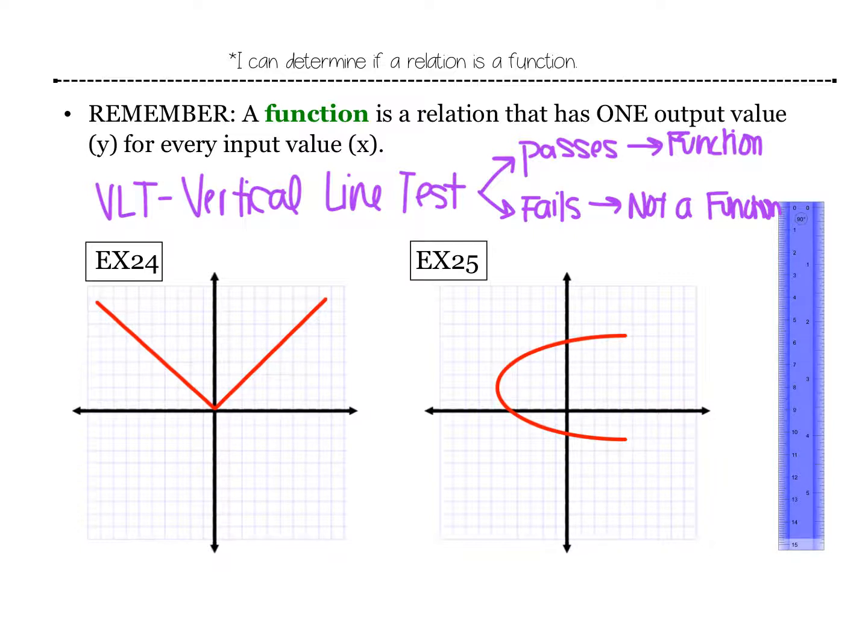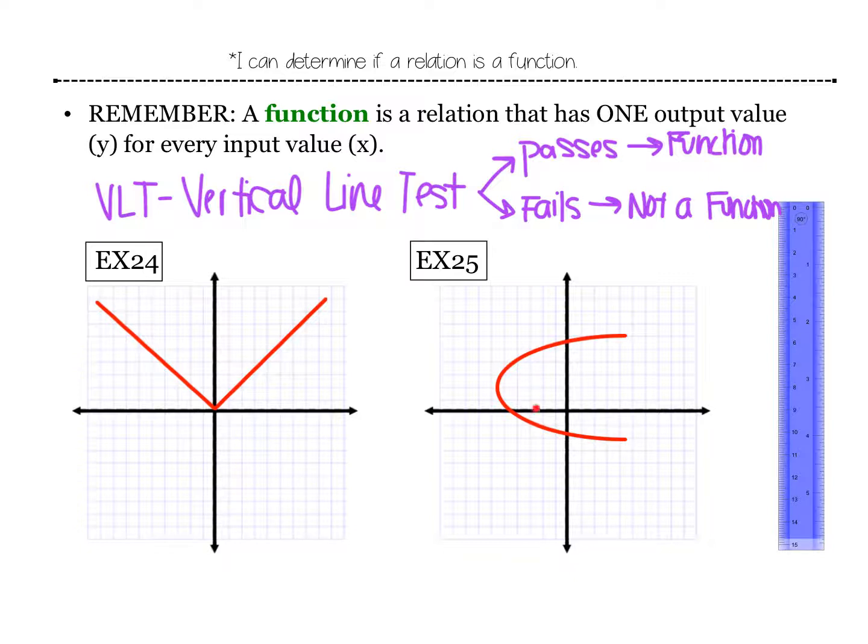So as I run my pencil or my ruler across this function, so as I run it vertically across, is it crossing more than one y value for every input? So if you notice, as I run a vertical line across here, it's only going to touch that function and give one output for any input.